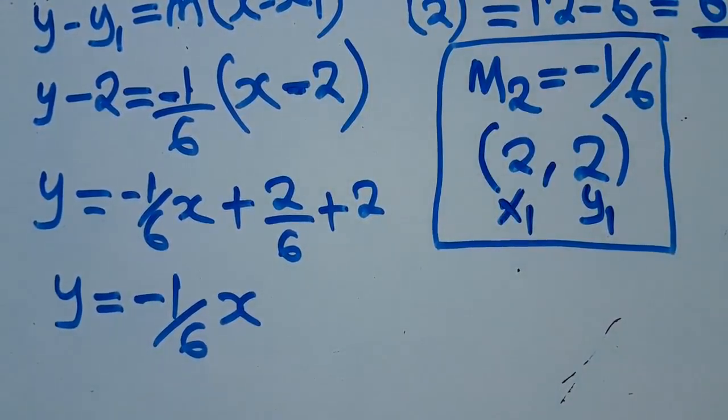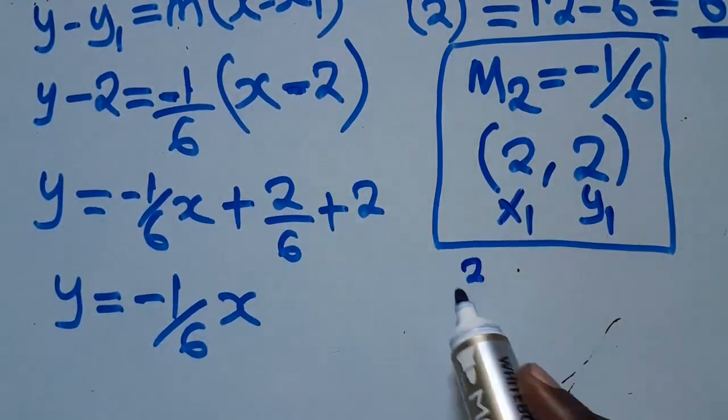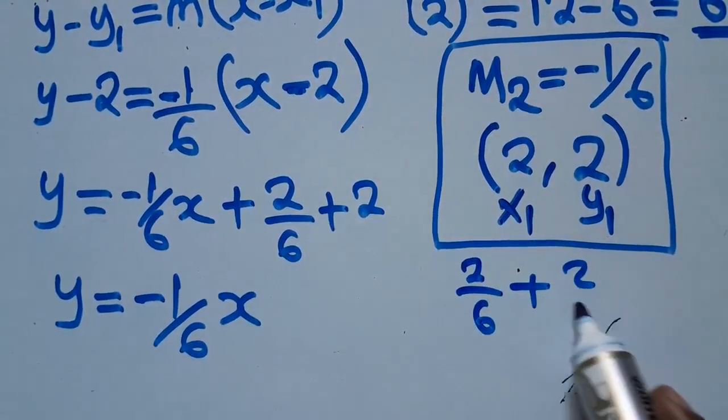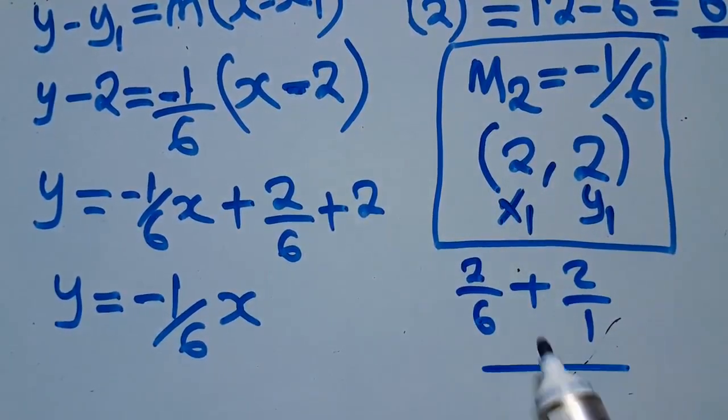This is paper 2. You say 2/6 plus 2. What answer are you getting? If you don't know how to go about that one, it's 2/6 plus 2. Let me just help someone who doesn't know. This is 6. 6 into 6, 1. 1 times 2, it is 2.